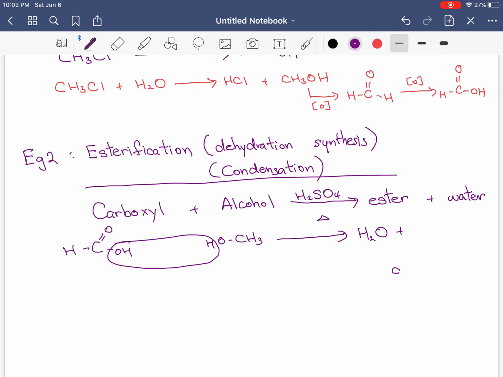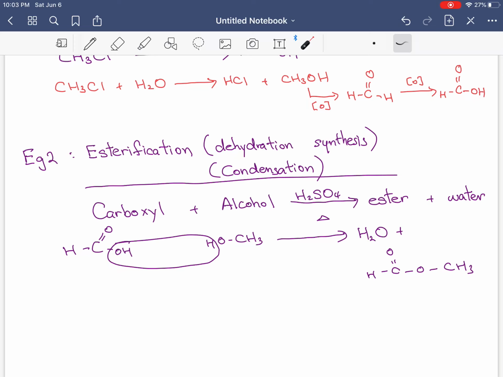So what we're going to have here is C double bond O, H, O, CH3. This is an ester. It is an ester because it has an ester configuration of C double bond O, and this C is also connected to an OC. So whenever you see this configuration, COOC, like this, that's an ester.